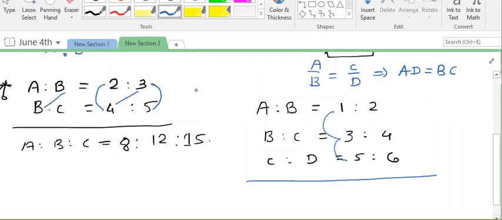Then in last we multiplied these two, so here also in last we'll multiply all these terms. So now we got A and D. Now we are left with B and C. For B we'll multiply these two, right? And for C we'll multiply these two. In this way we will move.